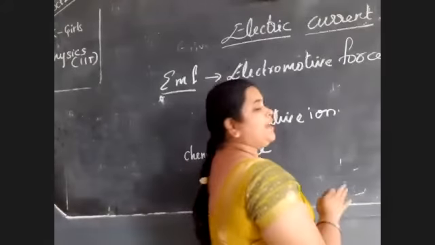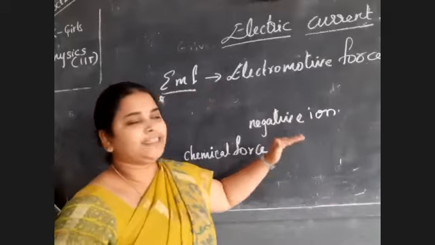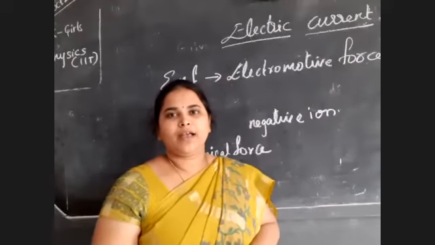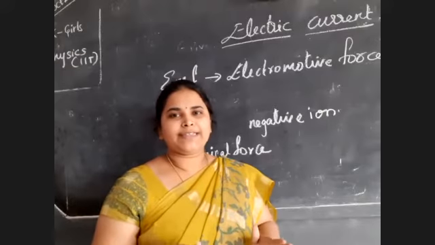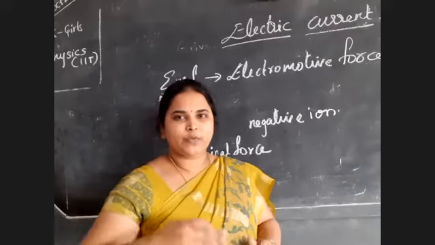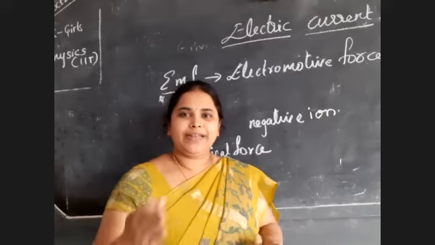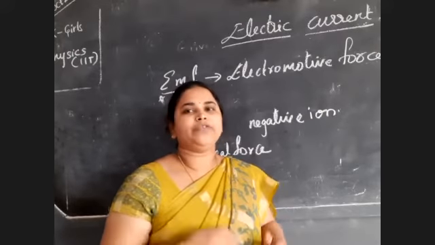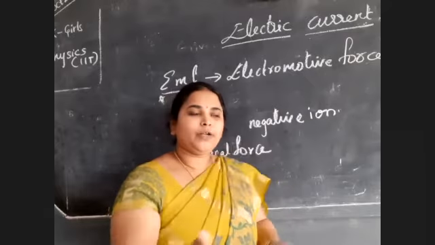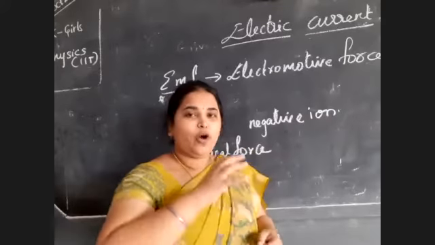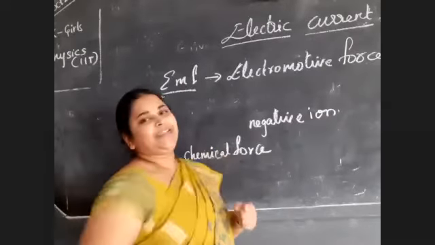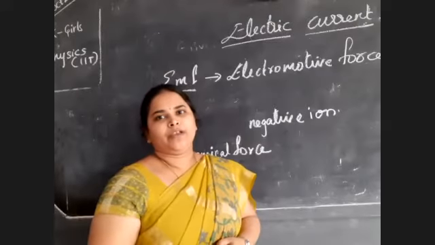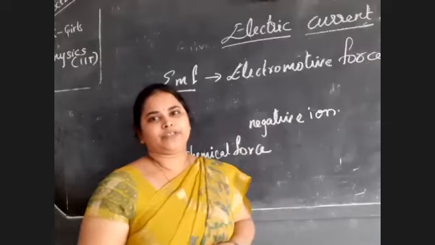You all know that negative ions will be attracted to the positive terminal, because unlike charges attract and like charges repel. When the negative ion is attracted to the positive terminal, it will try to stay there. If you want to remove that negative ion from the positive terminal, you have to put some extra effort and apply force.